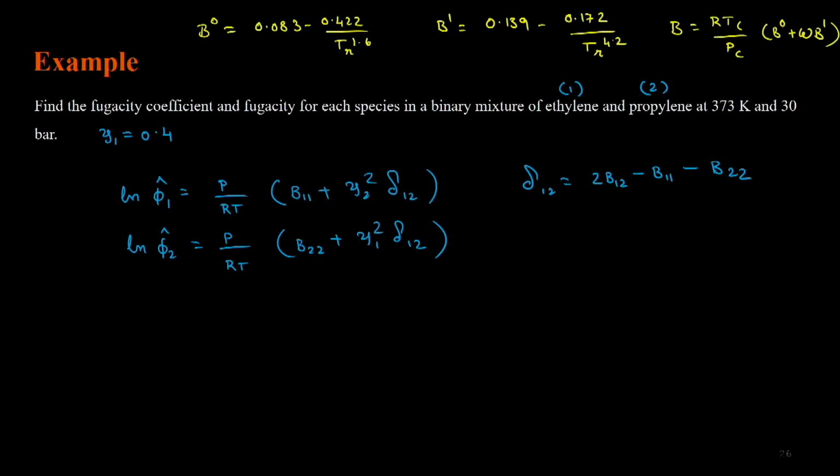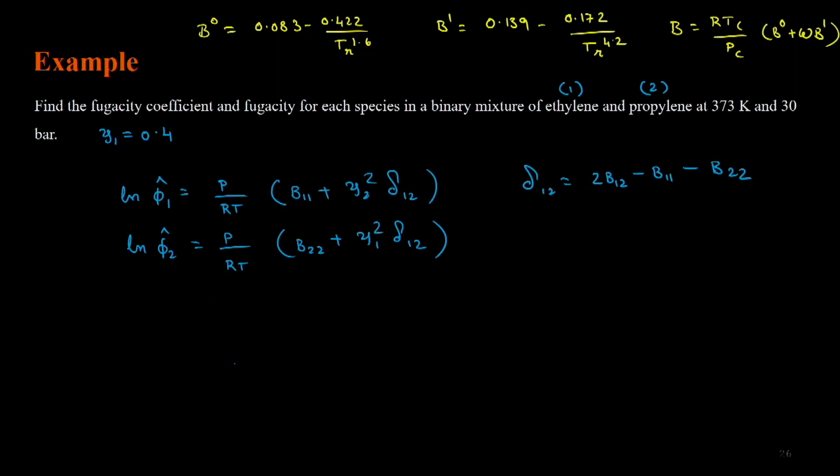I do that. B0 and B1 for the pure species 1 and 2 are easy to obtain, but for the cross-virial coefficient B12 I need the pseudo-critical parameters. We will use the combining rules we talked about earlier to get those values.